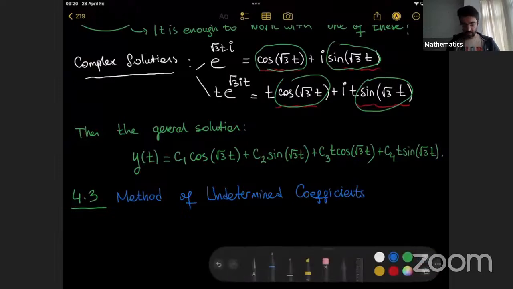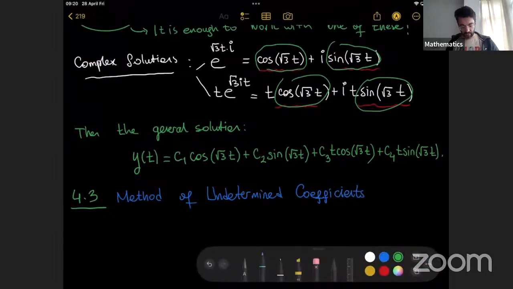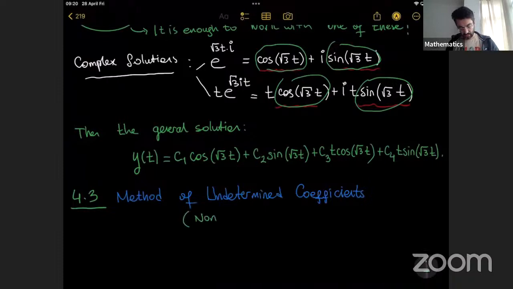So we will deal with non-homogeneous equations. Non-homogeneous means that on the right-hand side of the equation, we will have a function other than 0.